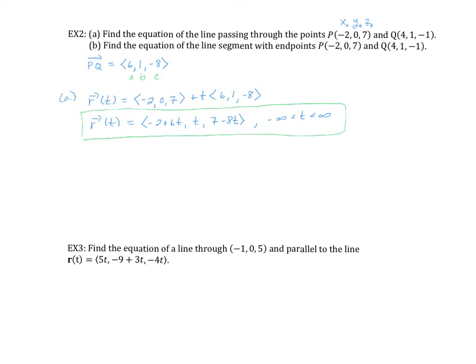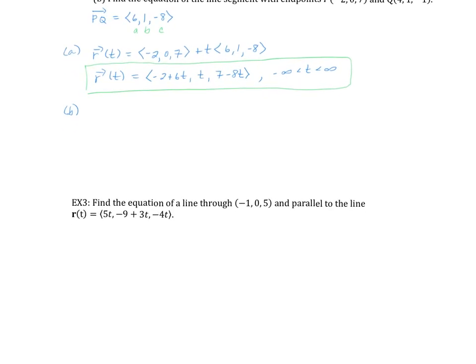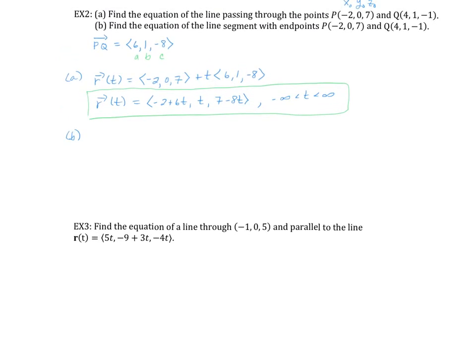And then when we look at part B, we're using the same points. This says to find the equation of the line segment with endpoints P and Q. Okay, so now we're not going to look at t values from negative infinity to positive infinity. We want to figure out what t values give us the endpoints at -2, 0, 7 and 4, 1, -1.